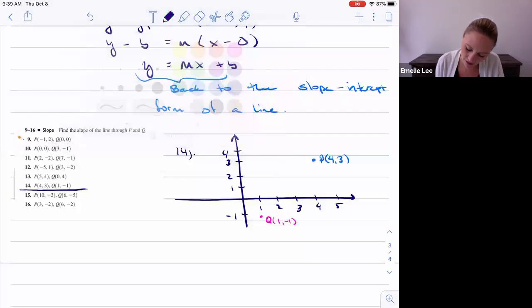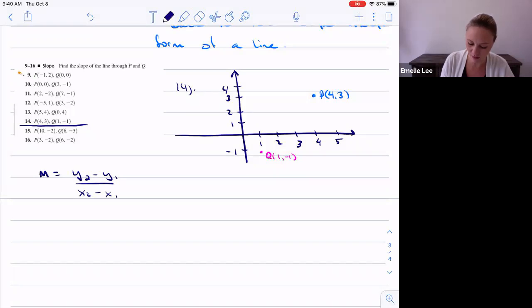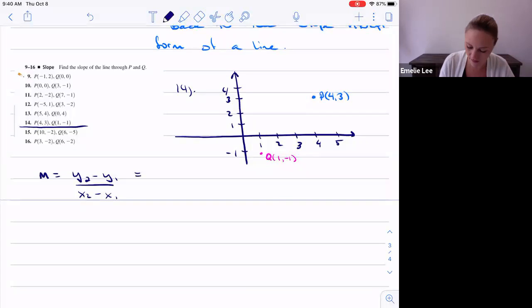Okay. So if we have the slope is y2 minus y1 over x2 minus x1, and I'll try to keep it on the same page here because I'm dealing with a page break, so that's why I'm writing across. So if I want y2, I'll let this be my y2.